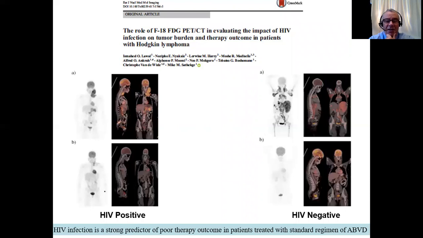So again, this is from the Pretoria group, and you can see that one of the problems with HIV is it also seems to affect the burden of disease. So here is a patient who has Hodgkin's disease, and you can see that HIV negative patients seem to have, though they have multiple nodal disease, those nodes are quite small, whilst when they have HIV, they can have these massive nodes.